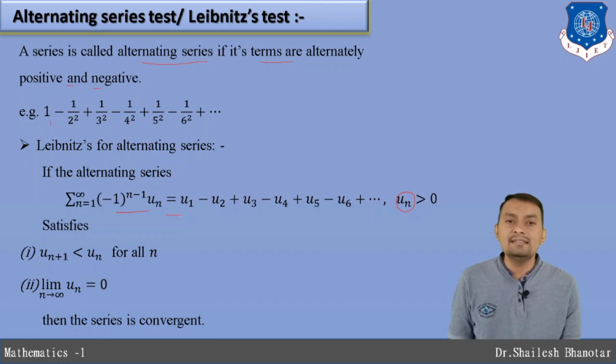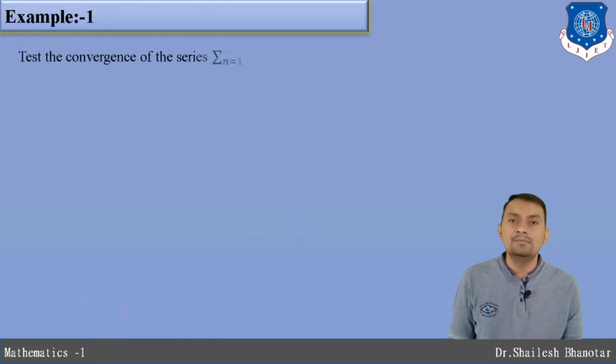If this series satisfies the following two conditions. First condition, u_(n+1) is less than u_n. This means that the sequence u_n should be decreasing. Second, the limit of the nth term is 0. If these two conditions are satisfied, then we can say that the series is convergent, otherwise it is divergent.